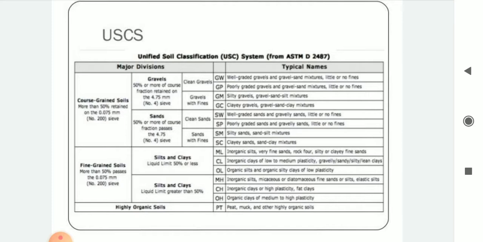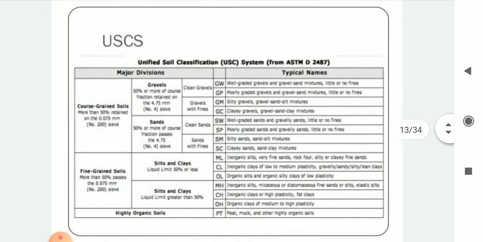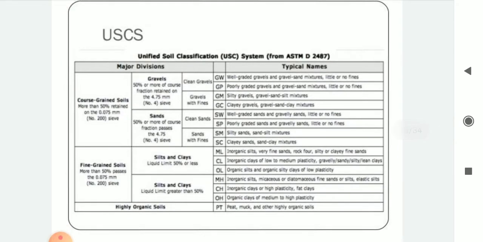Coarse granular soils, that is more than 50% retained on 0.075 mm sieve, that is gravels and sands, and the names GW, that is well graded gravels and gravel sand mixtures, little or no fines, such as GP, GM, GC, SW, SP, SM, SC, ML, CL, OL, MH, CH, OH, PT. These are the classifications: highly organic soils, fine grained soils, coarse grained soils, and fine grained soils, silt and clay, etc.